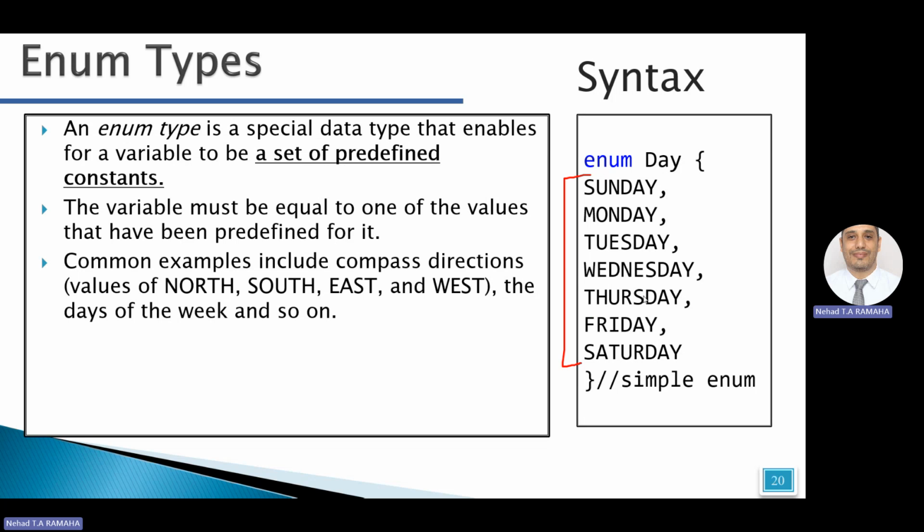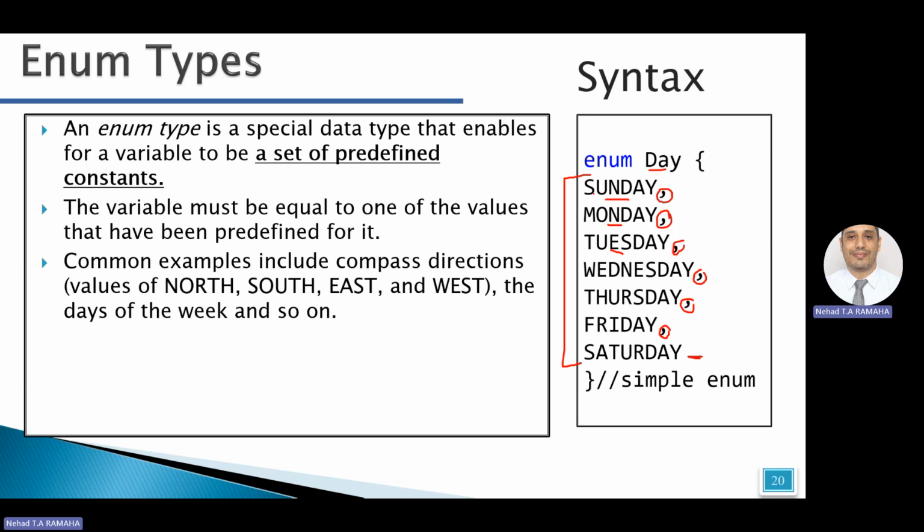So here is one of the simple shapes of enumeration with only constant words. So enumeration Day: Sunday, Monday, Tuesday, and so on. As you can see, we have a comma, not a semicolon here. We have a comma between every one except the last one.